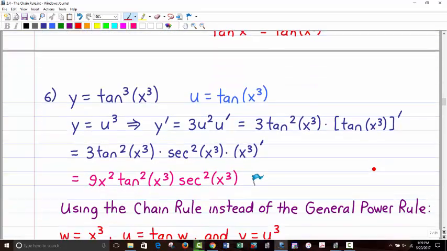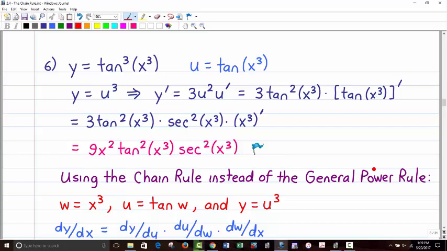This is one where I call it an extended use of the chain rule. We sort of have to do it one extra step here. As long as we're careful, we're okay. I always treat the first step as the trig function raised to the power.